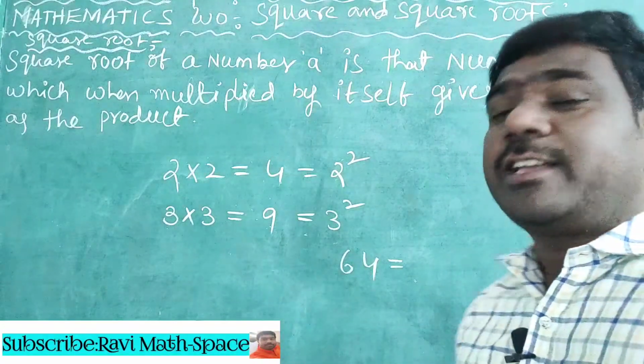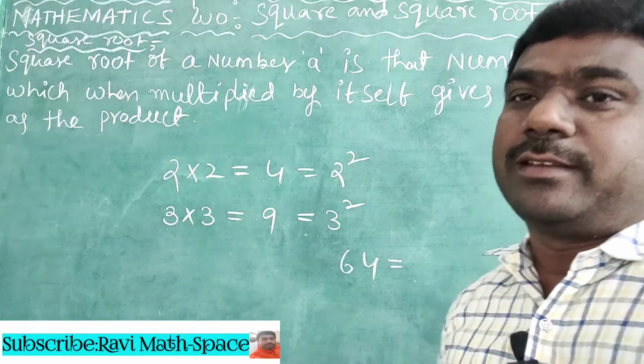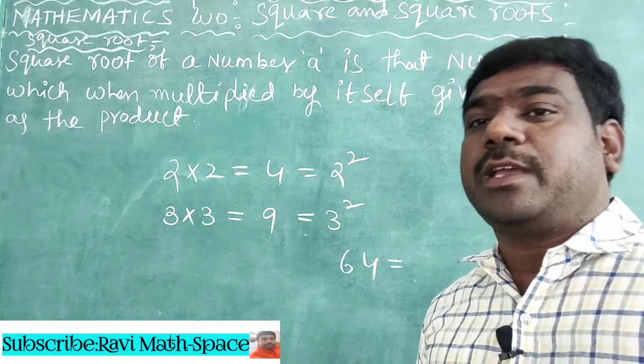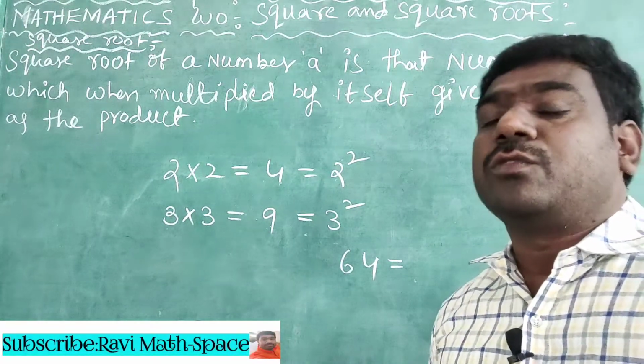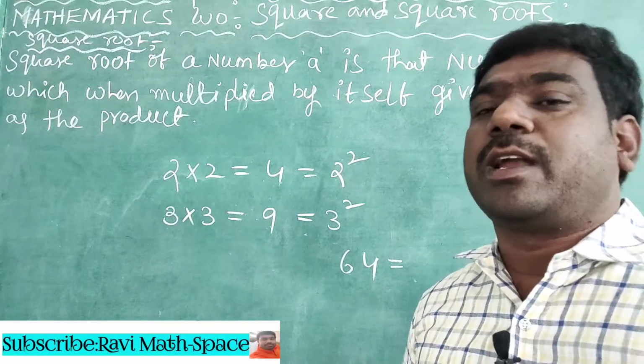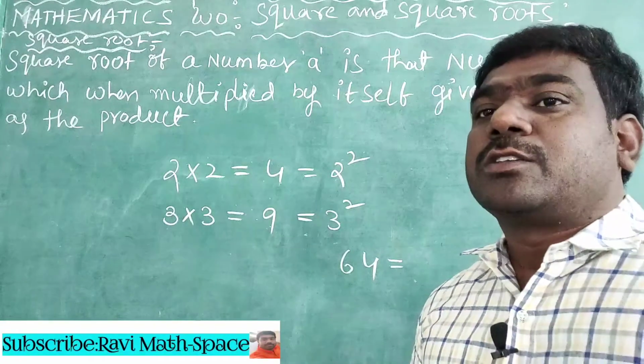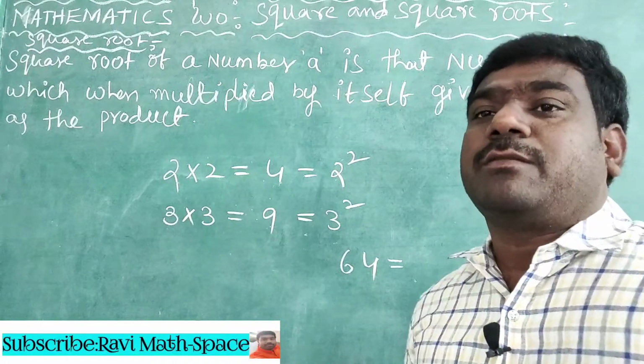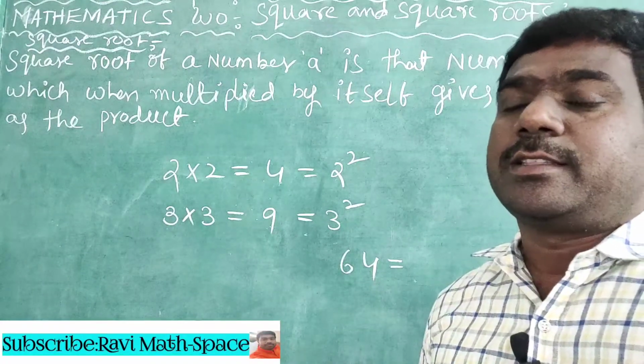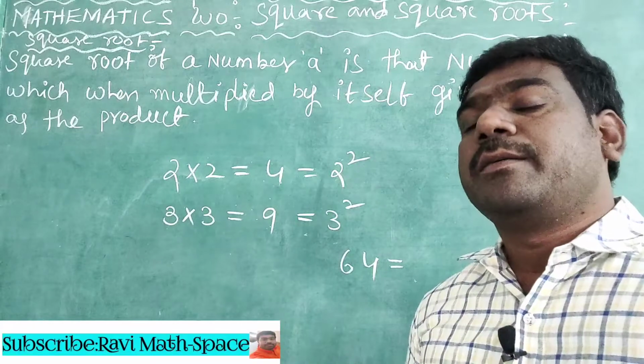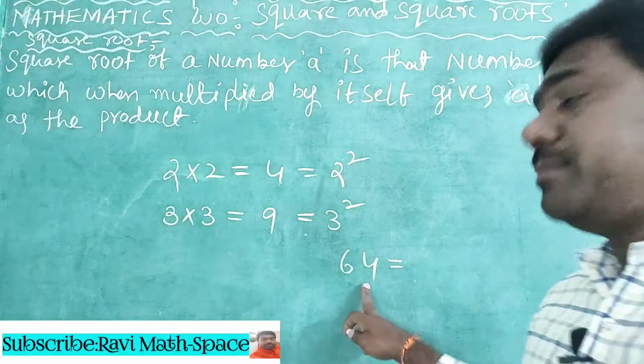Suppose we get big numbers, then how do we find out whether it is a perfect square or not? How to verify? In such big numbers we will face difficulties. That's why we should understand the method. So for this simple number I will explain.